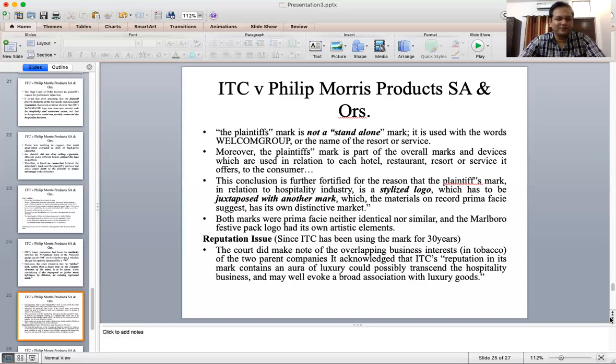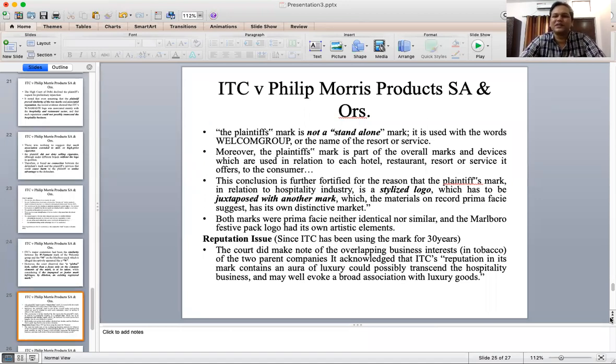So by going with this conclusion, the plaintiff's mark in relation to the hospitality industry is a stylized logo, so it is very peculiar to that industry. So here you cannot compare both these marks as equal, or you can say very near, because it is a stylized logo which is meant for the hospitality business. That Namaste is usually used for hospitality purposes.